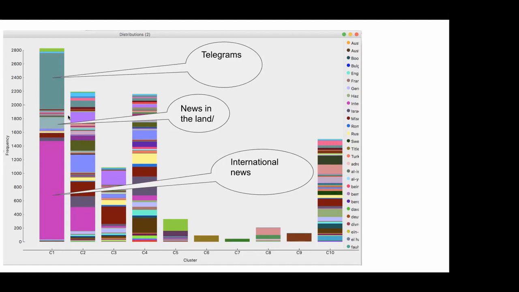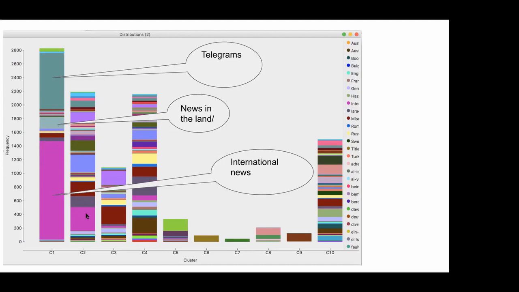I was surprised to see how much Gladstone was the star of the newspaper. So this is international news and news in the land. In this case, mostly local news, Austro-Hungary news, actually, but maybe specifically Galicia in particular times are also here, and telegrams.